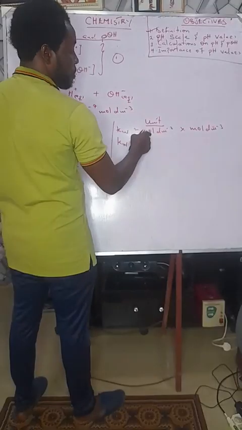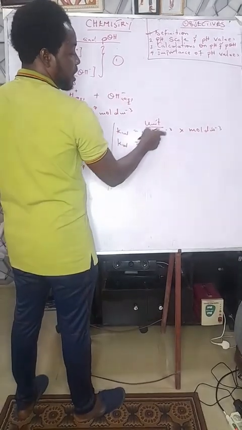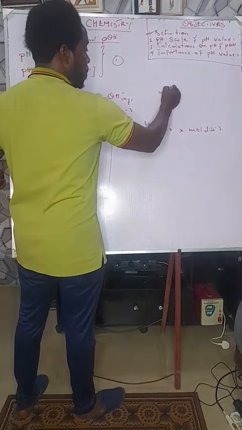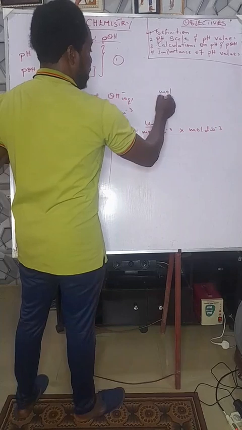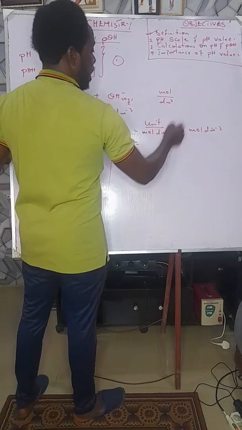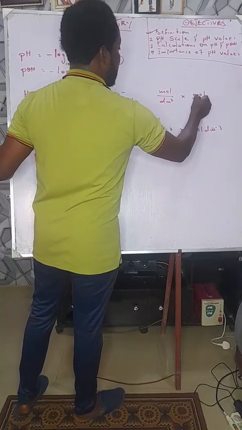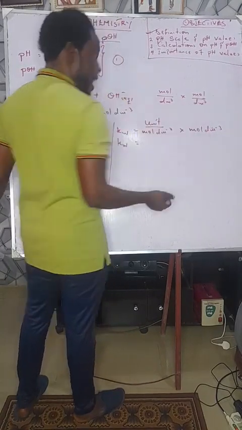So you rearrange. This one is mole per dm cube, naturally, times mole per dm cube.